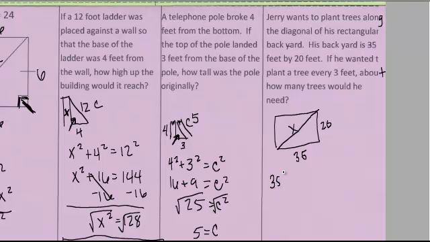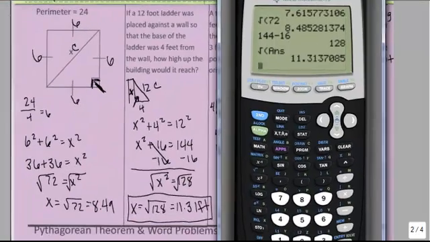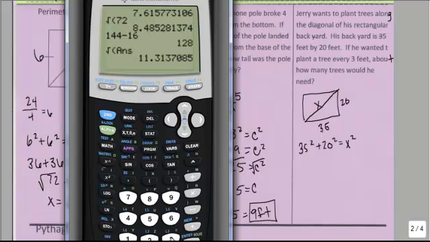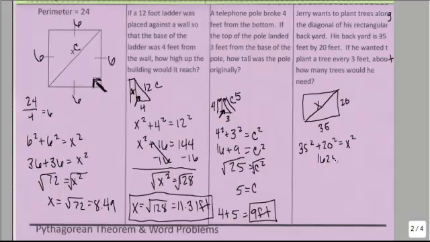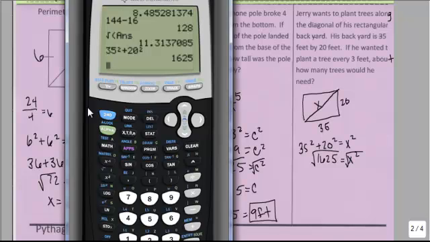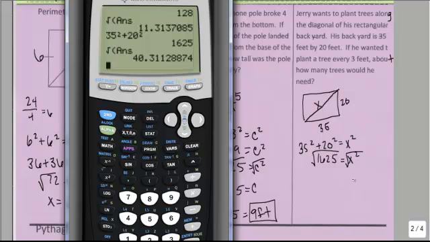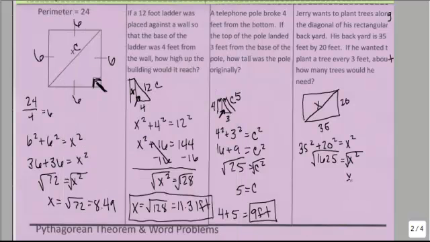So 35 squared plus 20 squared equals x squared. And you can do all this at the same time if you want. 35 squared plus 20 squared is 1625. Take the square root of both sides. .31.